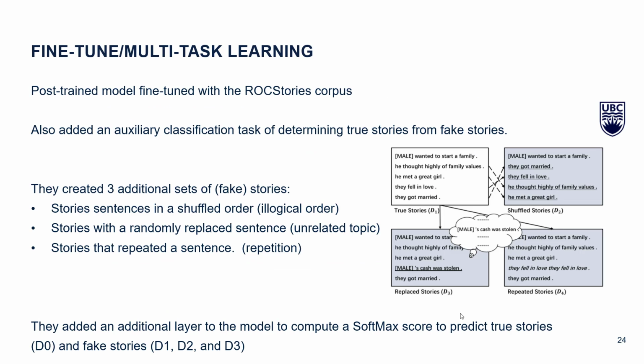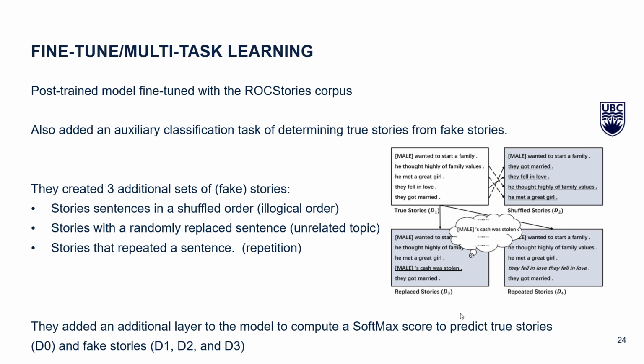The model was then fine-tuned, so after the post-training, it was fine-tuned with ROC story corpus. On top of that, the authors also added an auxiliary classification task of determining true stories from fake stories. In order to do that, they created 3 additional sets of stories.